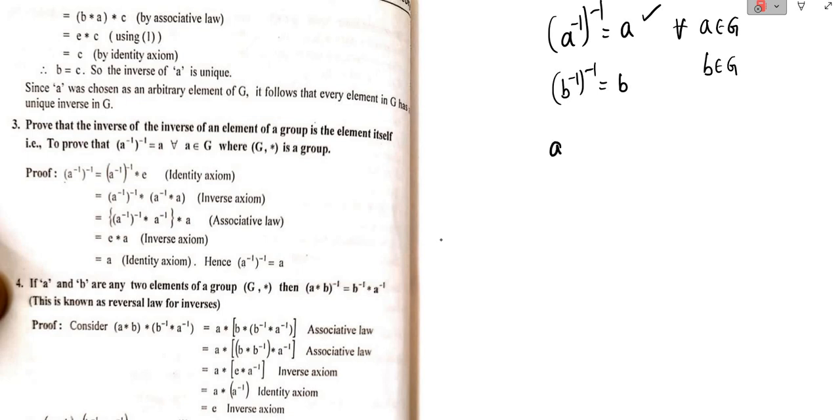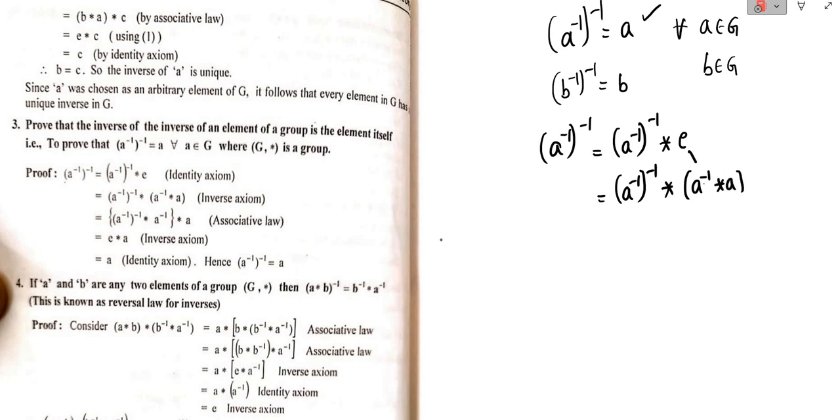Take (a inverse) inverse, which is equal to, by using the identity law, (a inverse) inverse * e. Observe, element * identity element equals the element itself. Next, we write (a inverse) inverse as it is, but we know the value of e is a inverse * a.